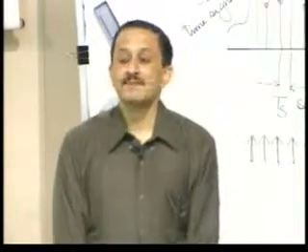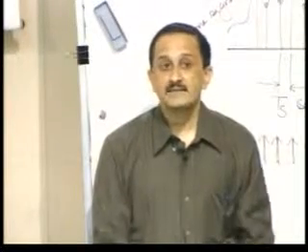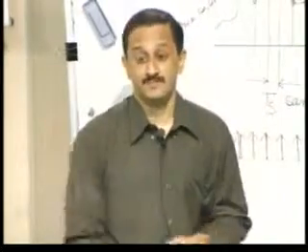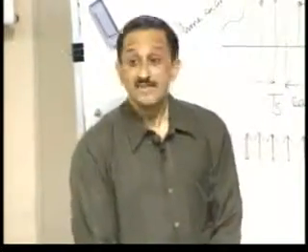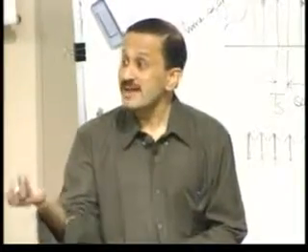Suppose, let me make the problem easier for you. Suppose you know that the signal is a sine wave and you also know its frequency. That makes it very easy. Then you need only 2 points because you need to find the amplitude and the phase.